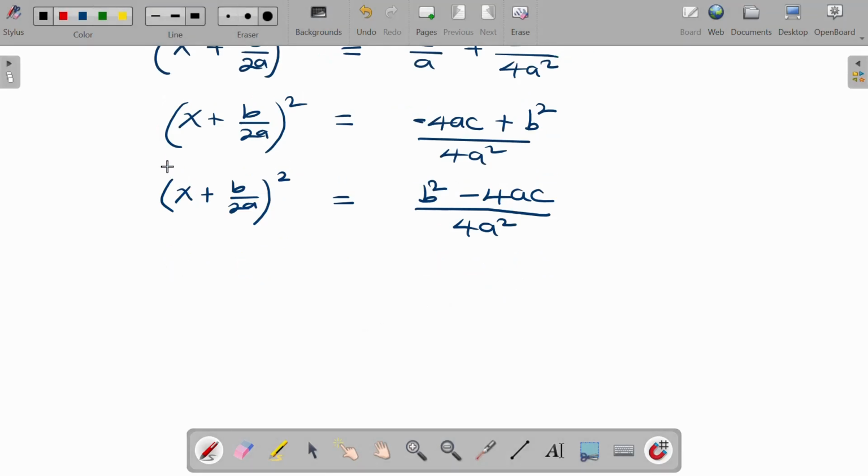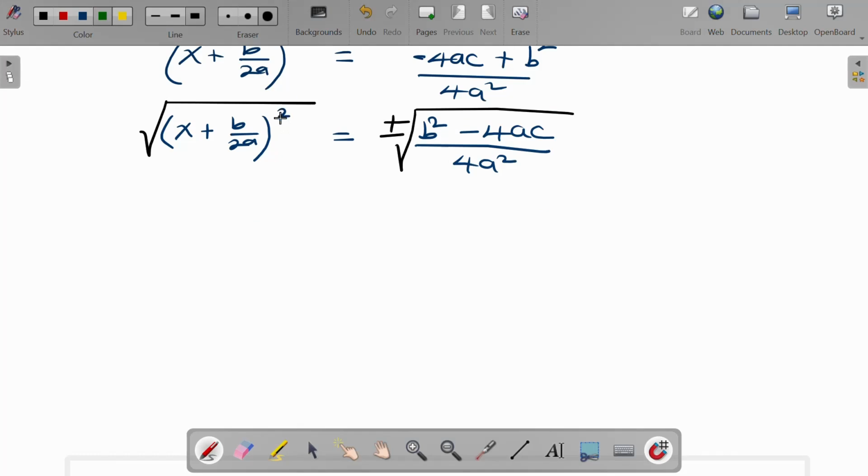So we are going to say this and then this. So long as we introduce this, we just say plus or minus there, because the square root of any number is either positive or negative.